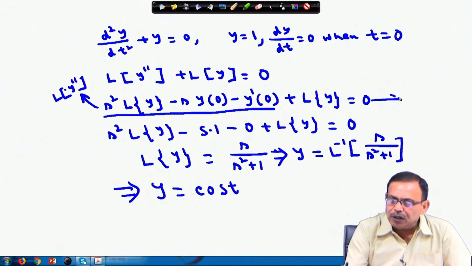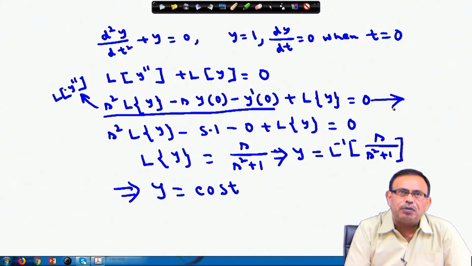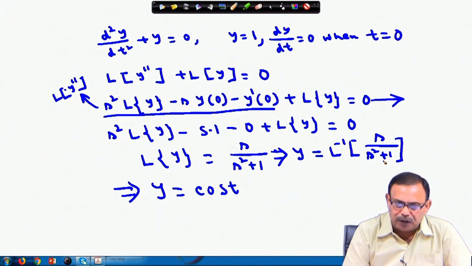Here I am substituting the values which are provided to me, that is initial conditions or boundary conditions, whatever they may be. Using those values, I am getting a form like this: Laplace transform of y equals s by s² plus 1. So, you can write y equals Laplace inverse of s by s² plus 1.